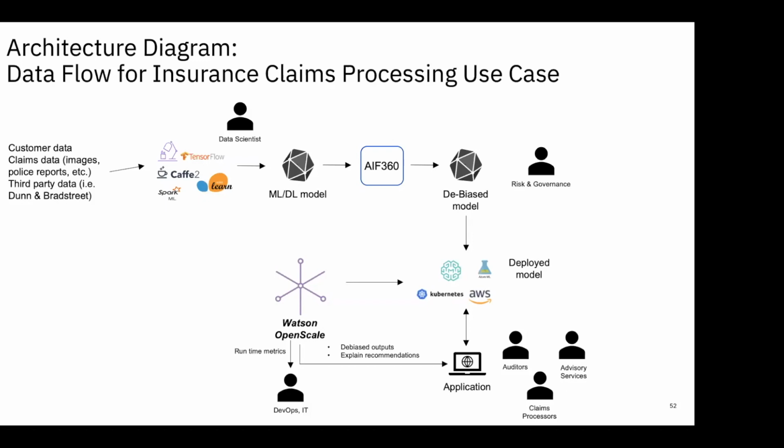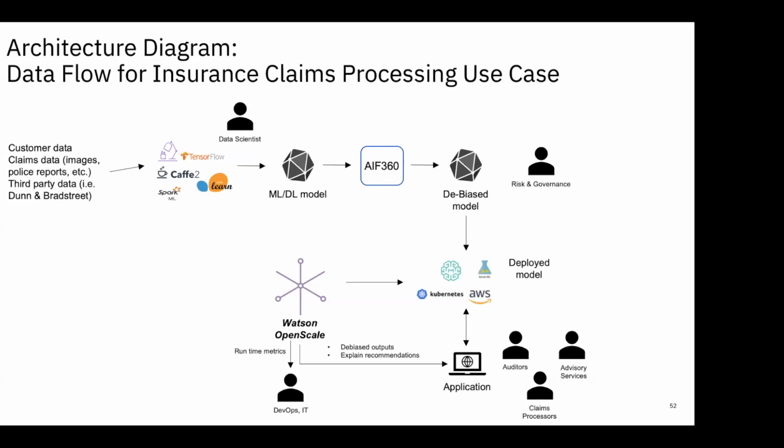And once the model is built, the data scientists can use AI Fairness 360 to test and mitigate the bias if it exists in the algorithm, as well as test if the data used to build the model was biased, and then debias the model.